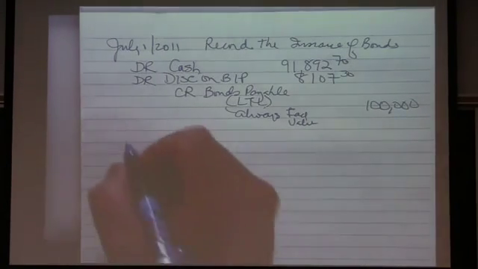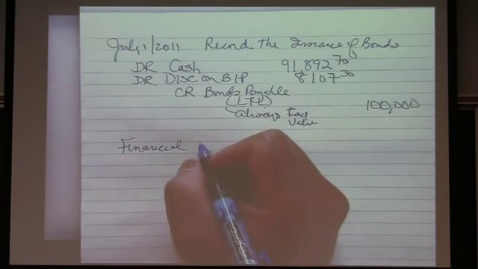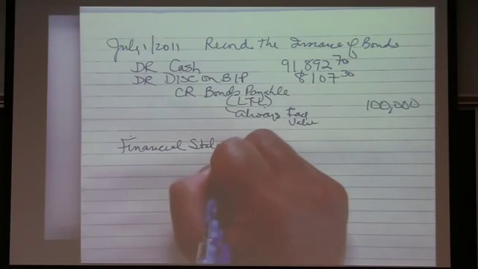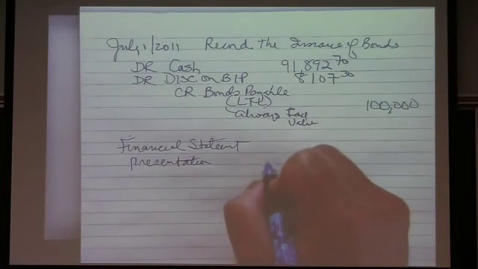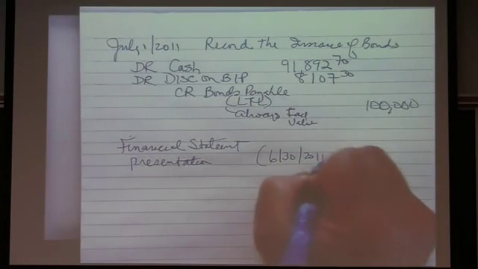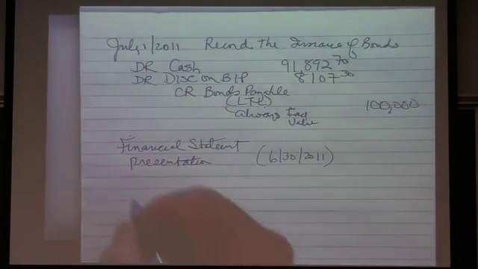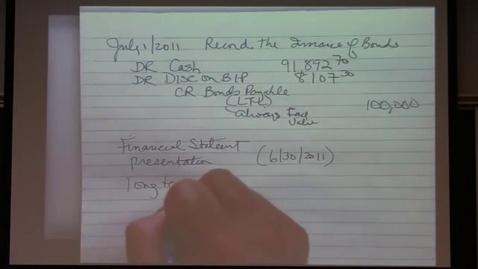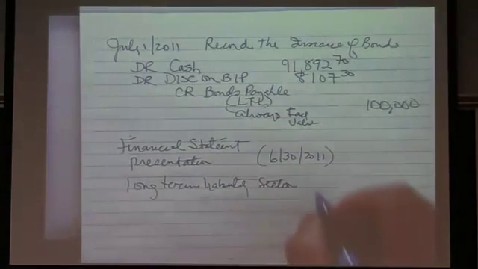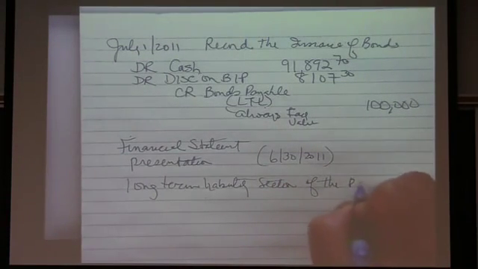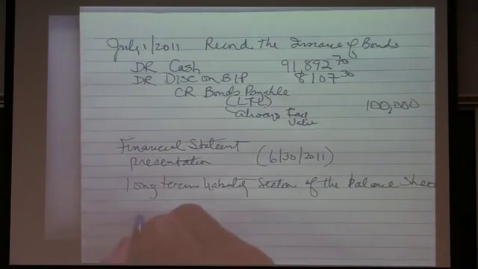So if we were to do a financial statement presentation as at June 30th, 2011, or July 1st, 2011, under the long-term liability section of the balance sheet, we're going to have bonds payable.